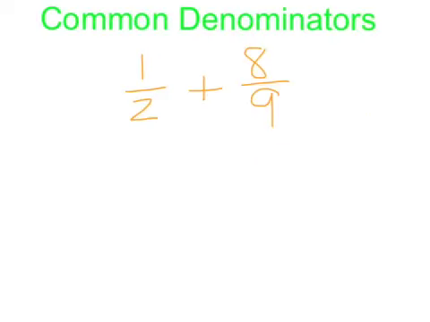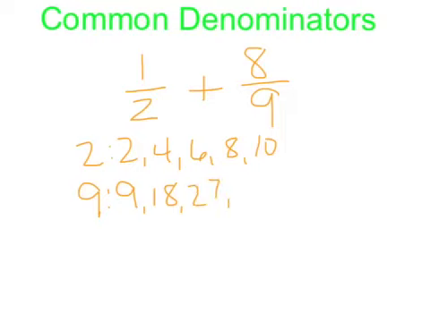In our last video, we talked about one strategy for finding common denominators. That strategy was to list multiples of each of the denominators until we found a number that matched. In this case, we would have 2, 4, 6, 8, 10, 9, 18, 27, 36, and 45.